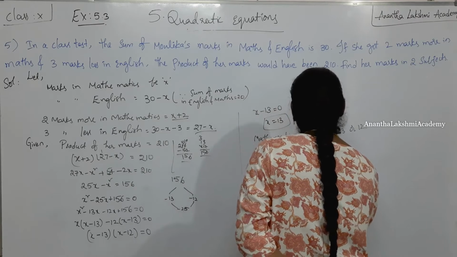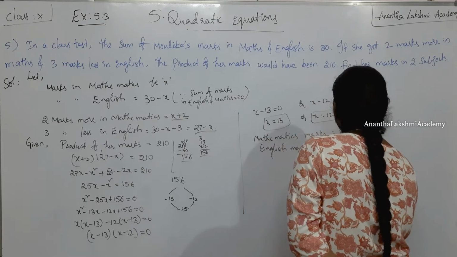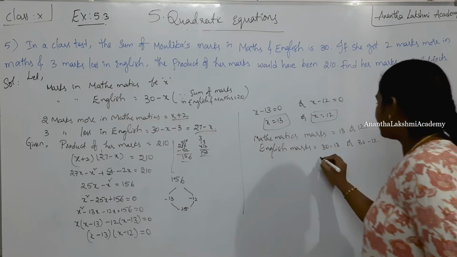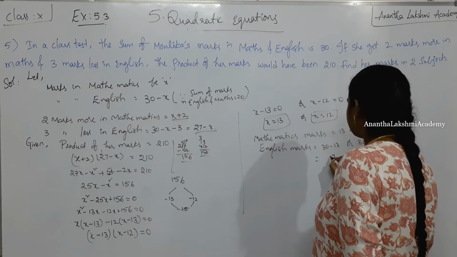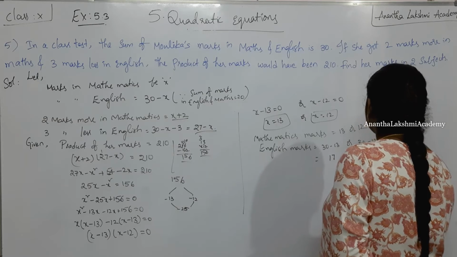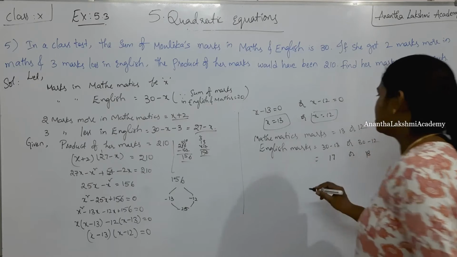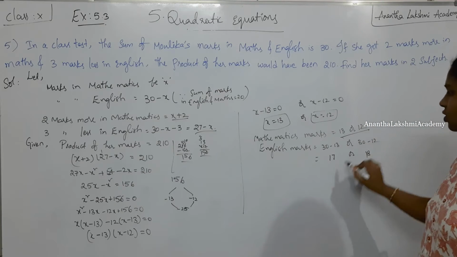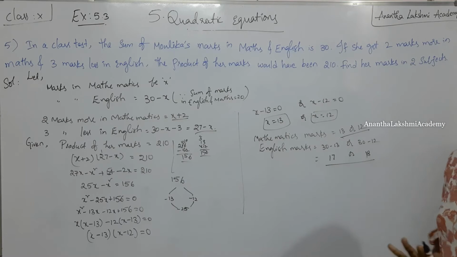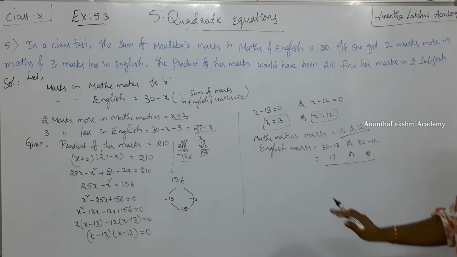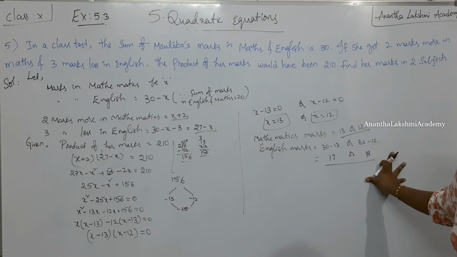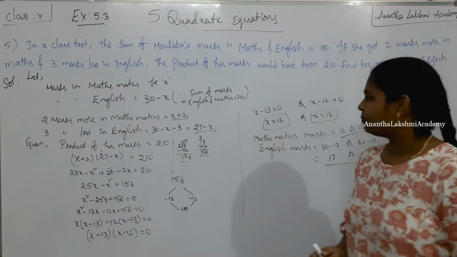English marks is nothing but 30 minus 13 or 30 minus 12. Isn't it? So, that is nothing but 30 minus 13 is 17 or 30 minus 12 is 18. So, mathematics marks is 13 or 12 and depending upon that English marks is 17 or 18. Okay, because we got two positive values, we can predict these values like this. Alright, that is about problem number 5.